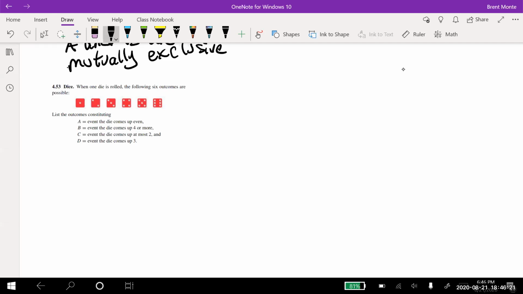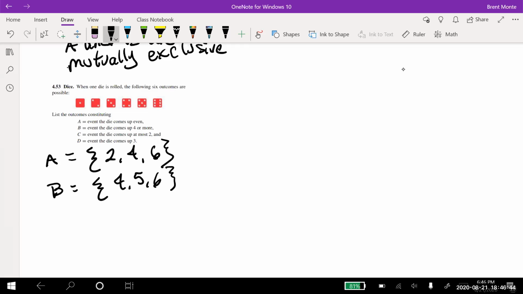So if I'm doing A, we would write it something like this. If the die comes up even, that's either a 2, 4, or 6. So we usually put it in set notation. These are the possible outcomes to say that A comes up even. So for B, it says the event comes up 4 or more. So it comes up as a 4 or a 5 or a 6.